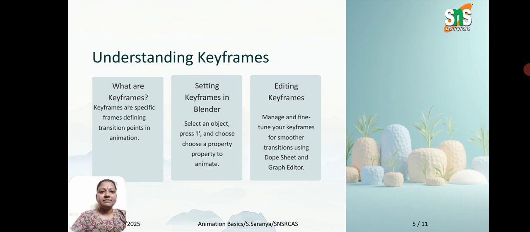Setting keyframes in Blender: select an object, press the I key and choose the property to animate. Editing keyframes: we can manage and fine tune your keyframes for smoother transitions using the dope sheet and graph editor. Moreover, we can use this with components.